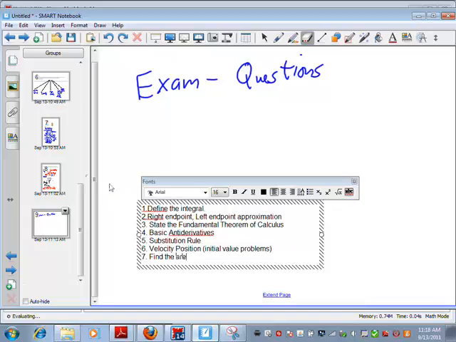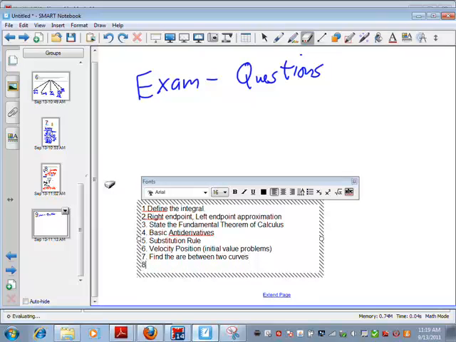Find the area between 2 curves. 8. Are we then rotating or no? Did we miss something? Number 8, find the area between 2.